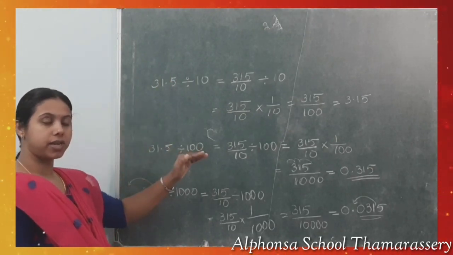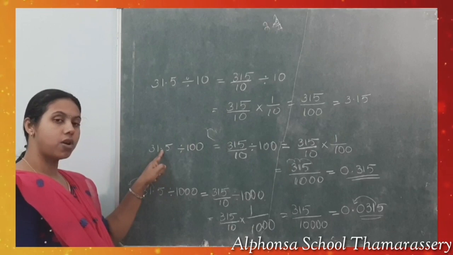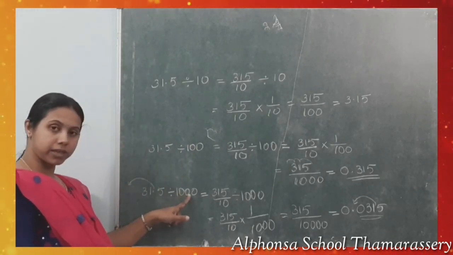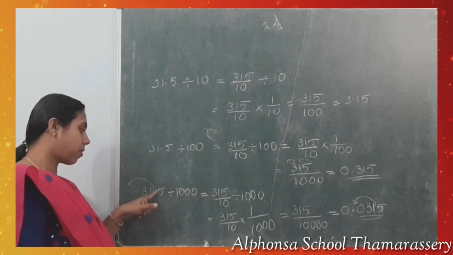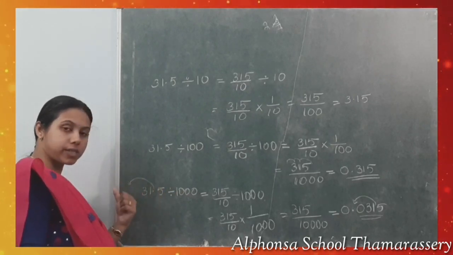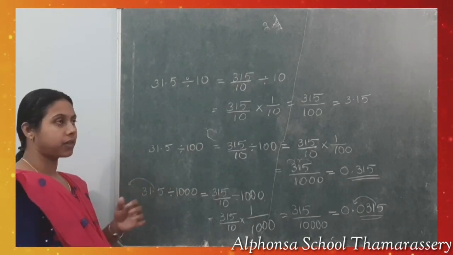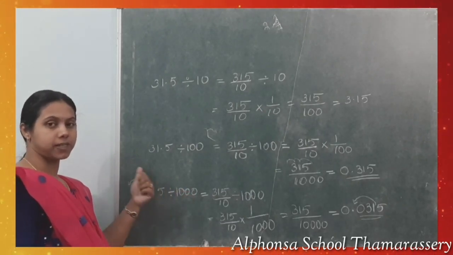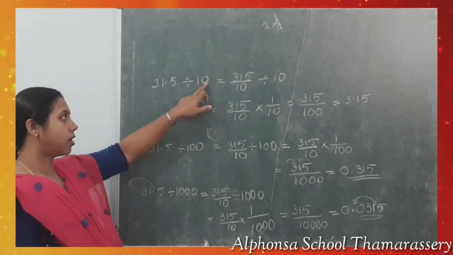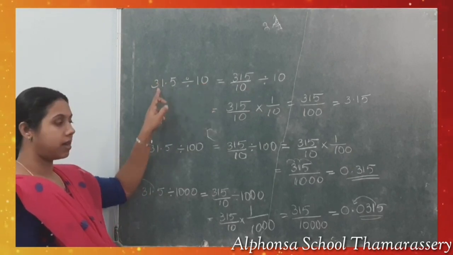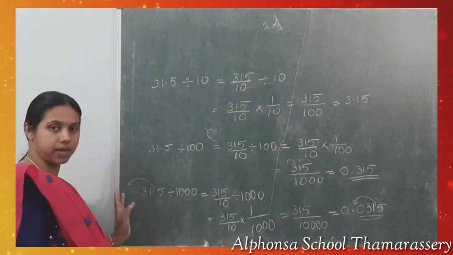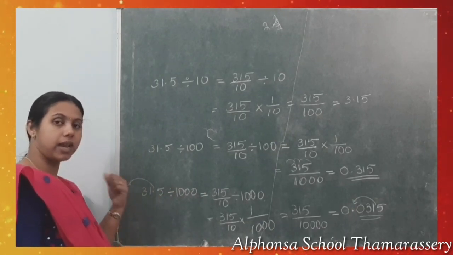Divided by 100, the decimal point will move 2 places to the left. And when you are dividing by 1000, the decimal point moves 3 places to the left. So according to the number of zeros, the decimal point will move. Here only 1 zero, 1 place. Here 2 zeros, 2 places. 3 zeros, 3 places to the left.